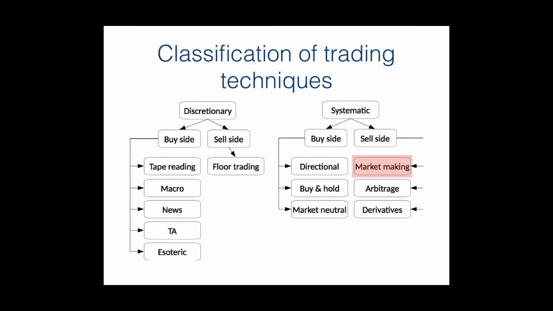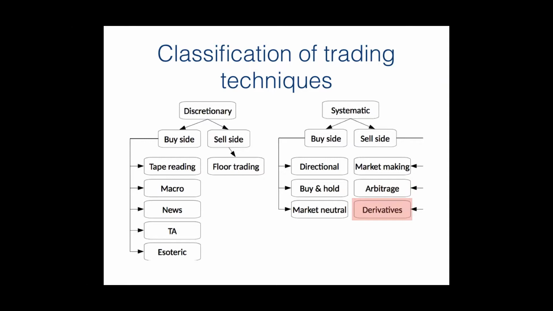Now, in the systematic domain on the sell side, we can see a wider variety of classes of trading techniques. First of all, it is market making in various forms, the very domain which nowadays is probably the most science intensive. Close to it is the second class, arbitrage, which also requires today expensive infrastructure and advanced programming.